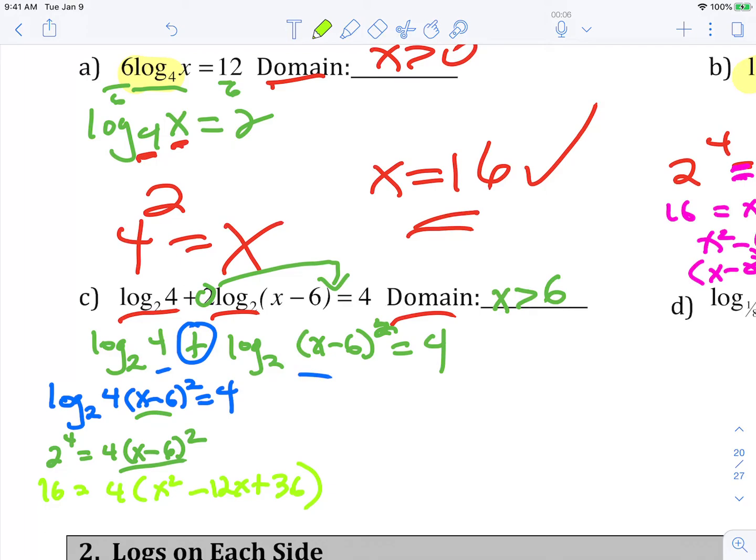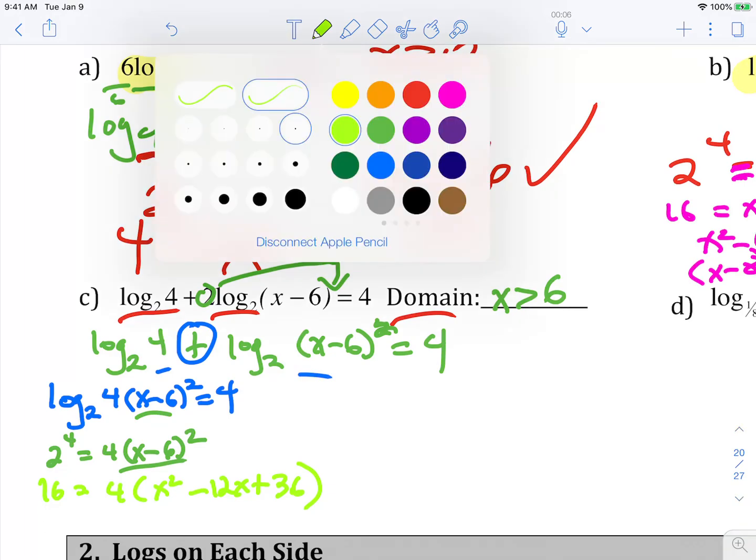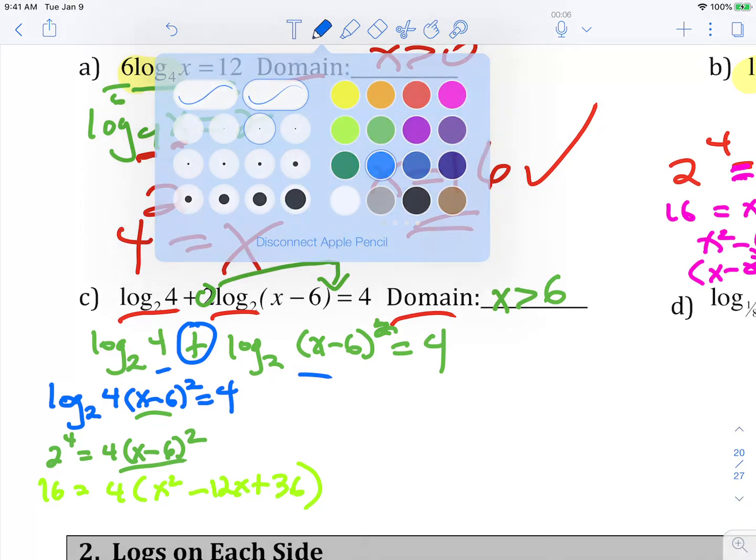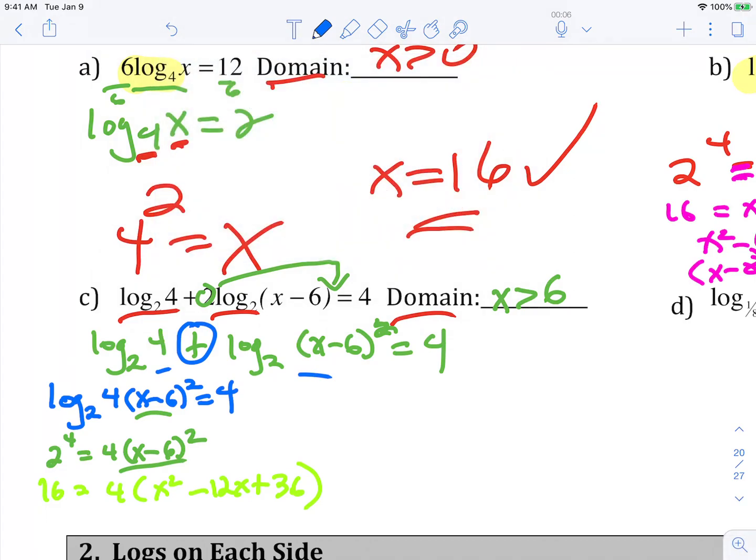And distribute and move the 16 over. I gotta write smaller, we're running out of space here. So we're gonna get 4x squared minus 48x plus 144 is equal to 16. Bring the 16 over: 4x squared minus 48x plus 128 is equal to 0.